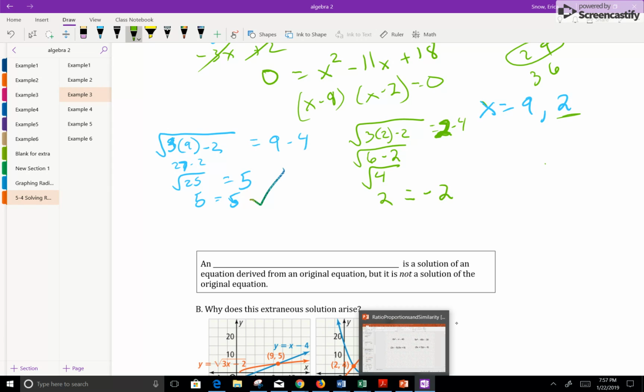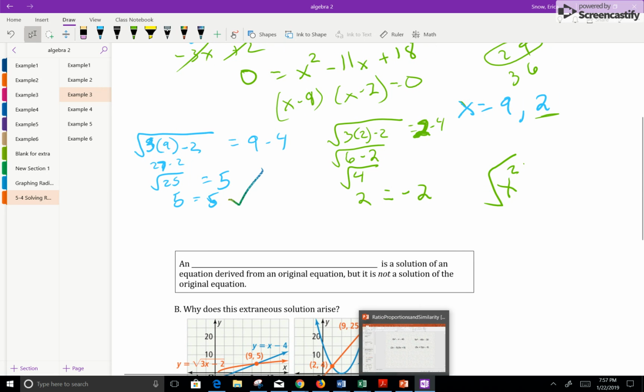Now, let me share something with you that's very important. X squared equals 4 has the solution that x could be plus or minus 2. So it has two solutions.